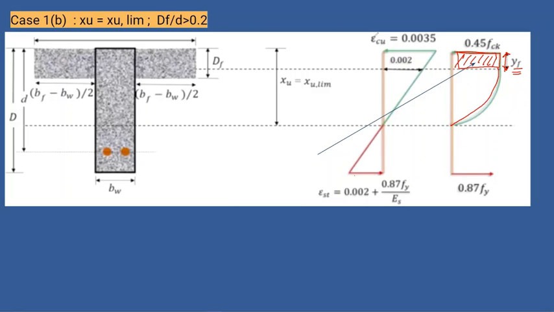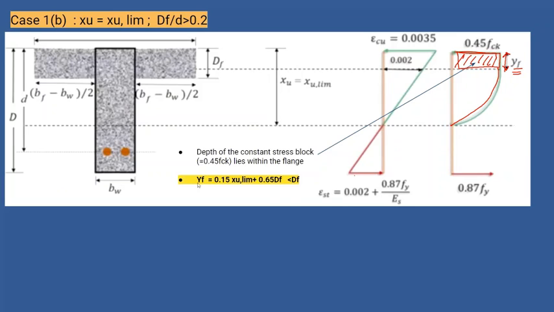So what will happen? The only change is that the depth of the constant stress block, which is 0.45 FCK, will lie within the flange. If you remember the previous diagram, let's see.